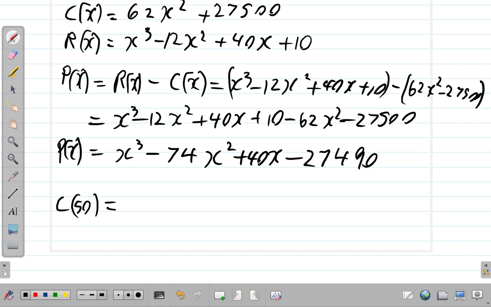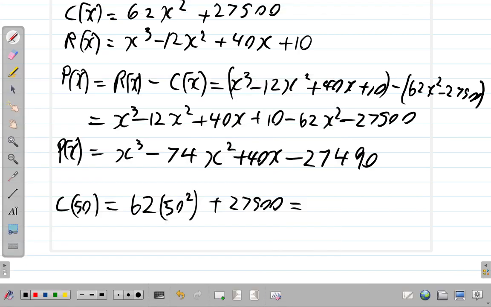Cost for 50 units would be 62 times 50 squared plus 27,500. That would be what now?